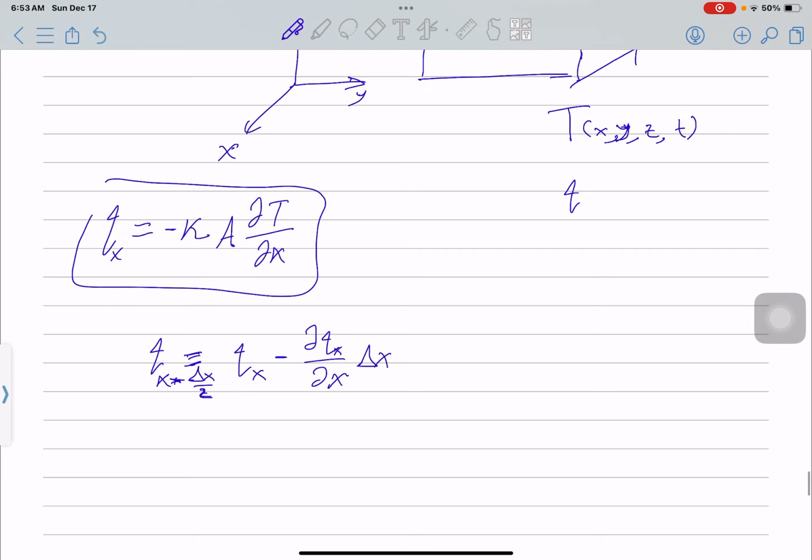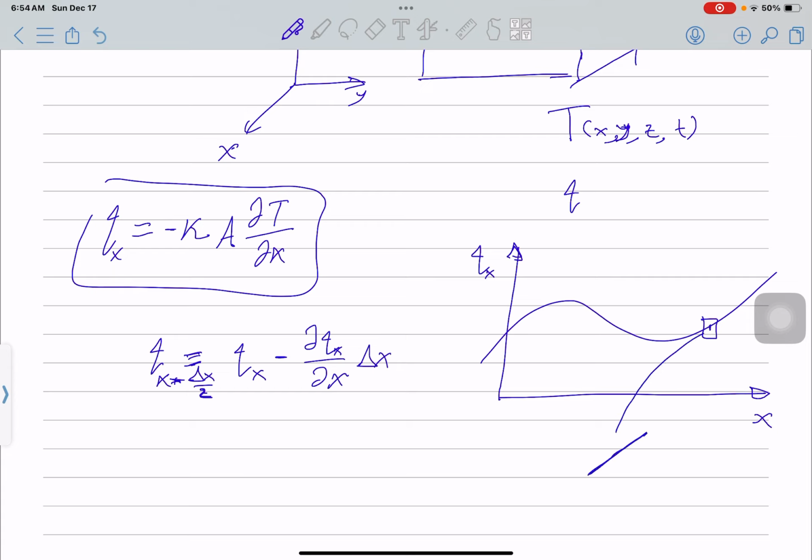How do we derive it? We will assume that if we plot Qx versus x, we will have some function. We don't know about it, but if we zoom in on this small area, we will see that it is just a line.